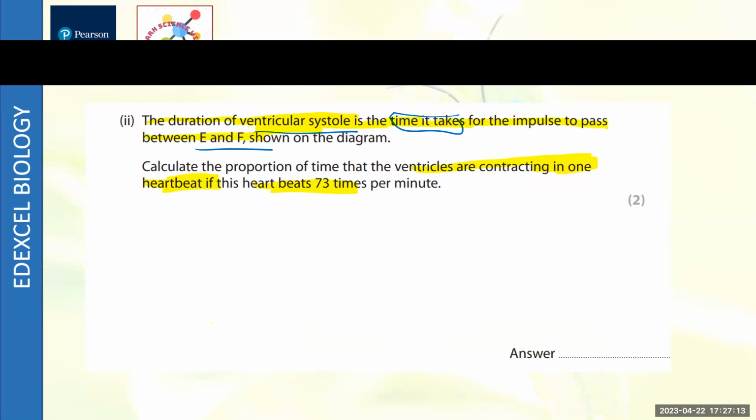Okay, let's do it like this then. 73 cardiac cycles, or heartbeats, in 60 seconds, right? So the time taken for one heartbeat is 60 divided by 73.